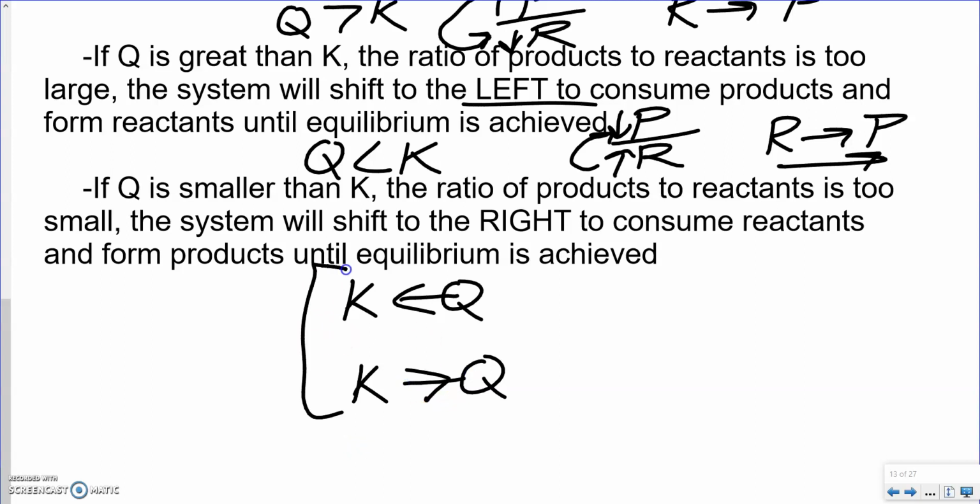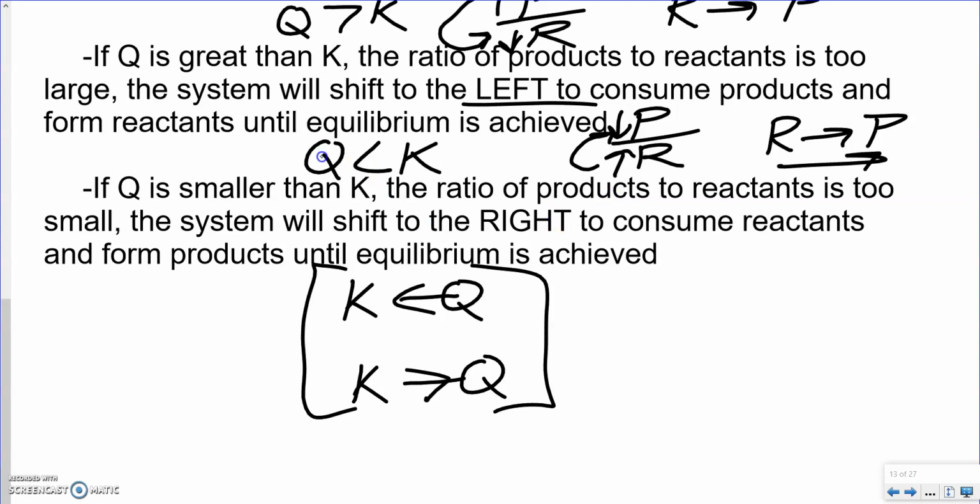Now, this is nothing more than a mental check. This is not an explanation. You still need to be explaining why that shift is occurring, which comes down to the fact of products to reactants, that ratio, and what needs to happen to get that ratio to equilibrium.